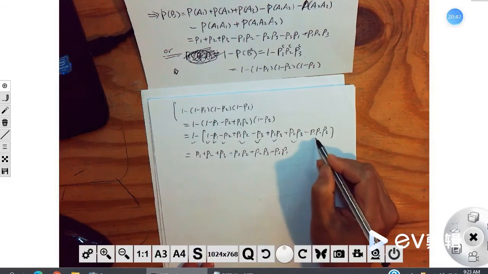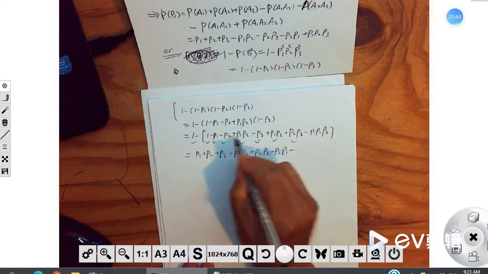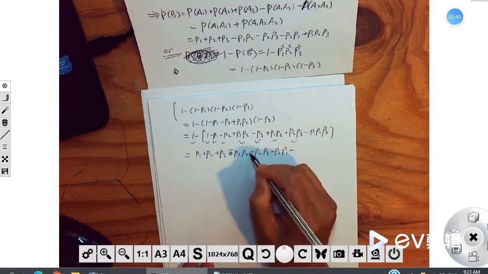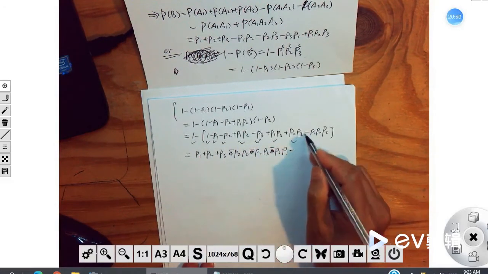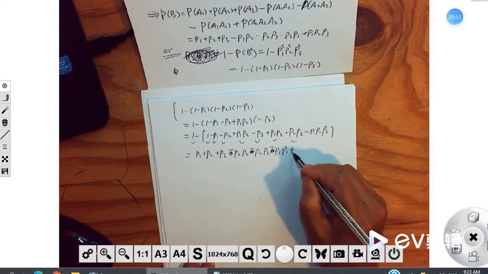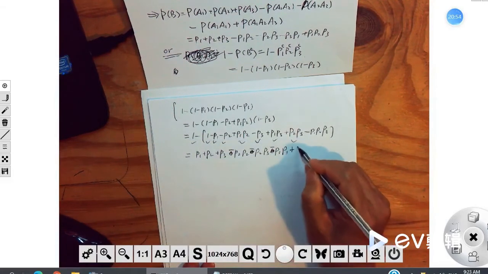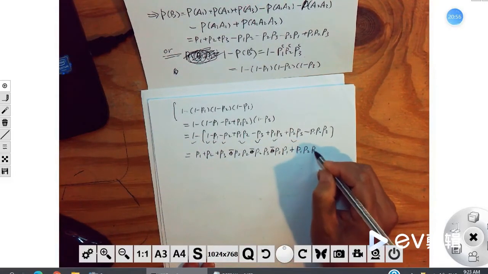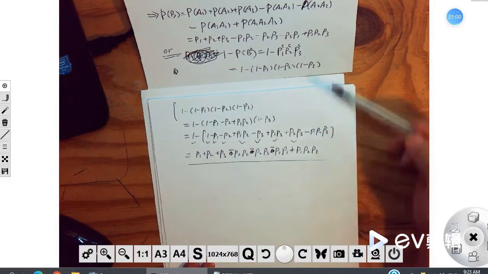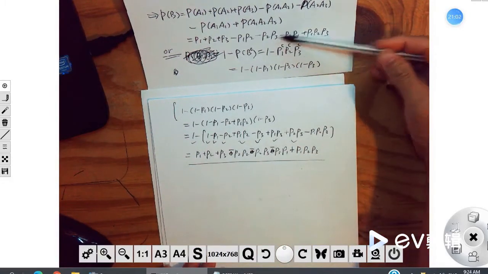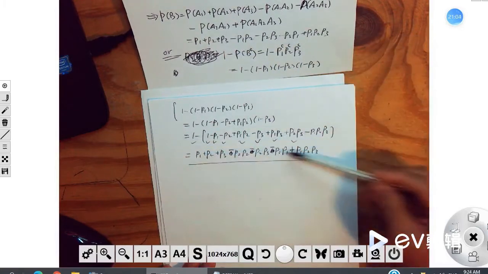And the last term: minus, minus, minus, and then plus, so it's P1P2P3. Okay, I got this. Are they the same? Yeah, they are the same.